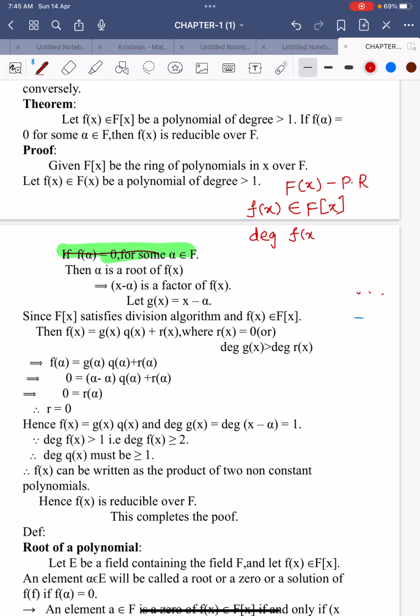And also they gave one condition, f of alpha is equal to 0 for some alpha belonging to capital F.